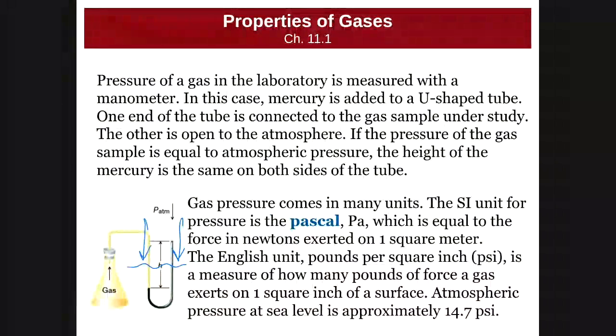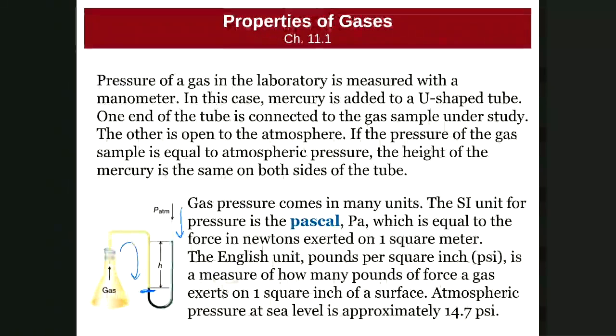If the gas pressure is not equal, which it isn't in the example they gave you, you can see that there is more pressure from the gas sample. It's pushing the mercury down further than the atmospheric pressure is pushing the mercury. So the gas sample has higher pressure than the atmosphere.